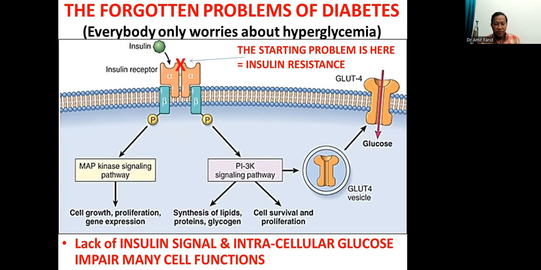So the problem will affect this pathway, that pathway, and those pathways will affect this function and that function. There are many other important functions of the cell, but cell growth, survival, proliferation, and gene expression are very important. So don't forget, it's not just about glucose metabolism. You have problems with insulin resistance, you have many other problems.